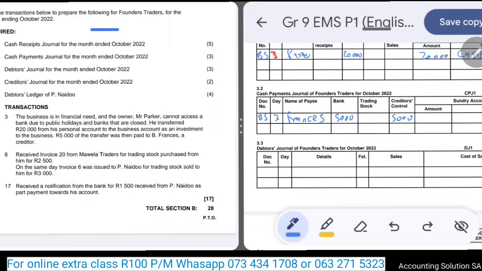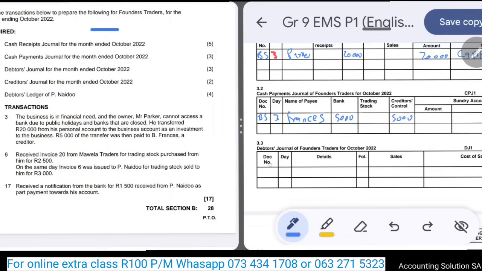Okay, and on the same day, this stock was sold to Naidu, our customer. On the same day, it was sold to him for 3,000, which means that because Naidu didn't pay us cash, we have to recognize him as a debtor.